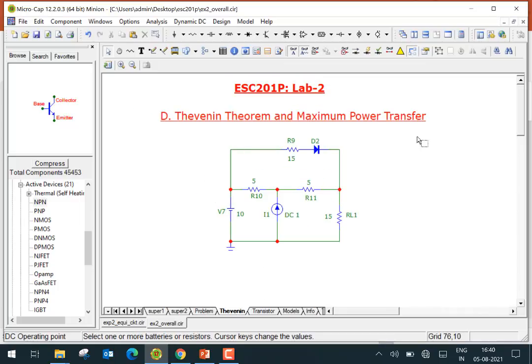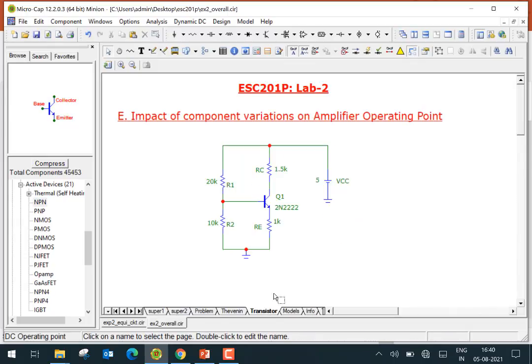Then the fourth part is using Thevenin's theorem to figure out the optimum value of RL1, first without the diode, and then with the diode figure out the correct value of RL. And in the end, find out the maximum value of collector current that can occur due to variations in the components that you see there. All right, so let's stop here.